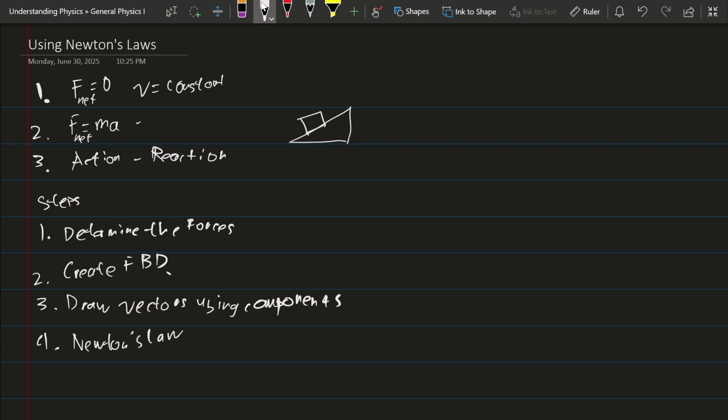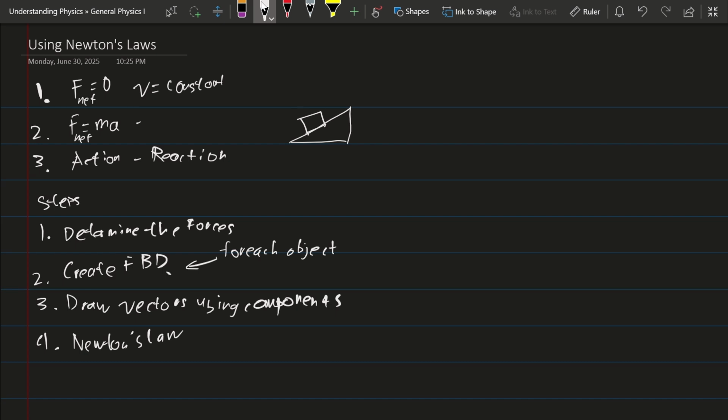This will work for only a single object system. But if you want to do multiple different objects, you will need to create many more free body diagrams, one free body diagram for each object. This is one of the key components that you will need to know.